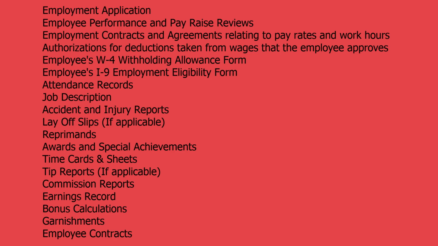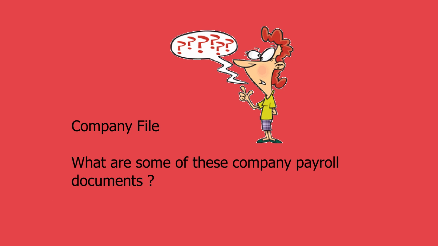Attendance records. Job description. Accident and injury reports. Layoff slips if applicable. Reprimands. Awards and special achievements. Time cards and sheets. Tip reports if applicable. Commission reports. Earnings record. Bonus calculations. Garnishments. Employee contracts.